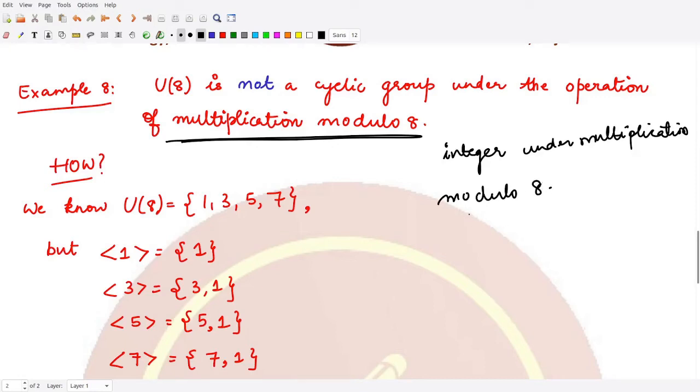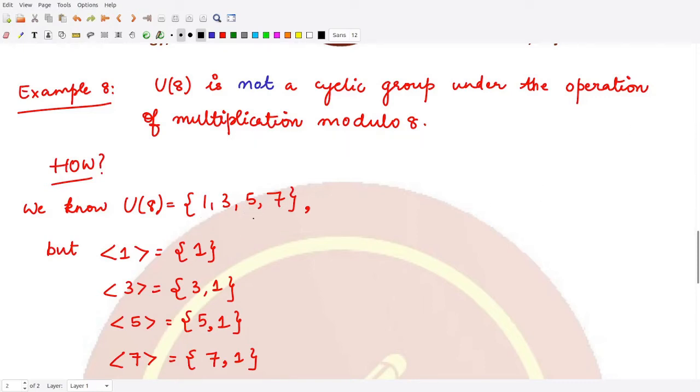So it would have all the integers which are less than 8 and which are relatively prime to 8. So we have the number 1, the number 3, the number 5, and the number 7 within it. And the operation is multiplication modulo 8. So here this group is not a cyclic group.